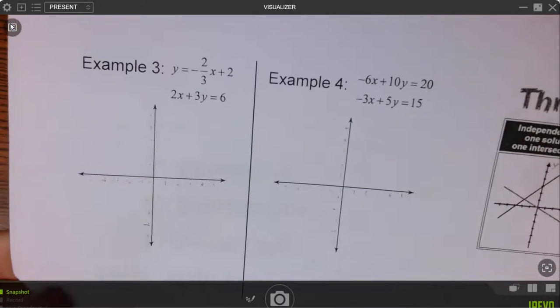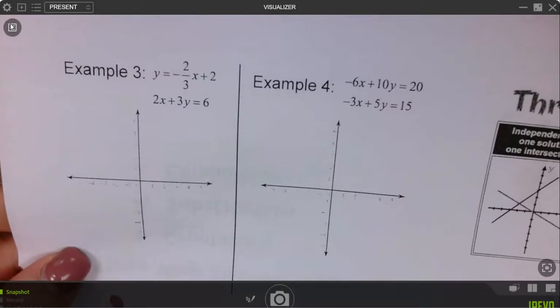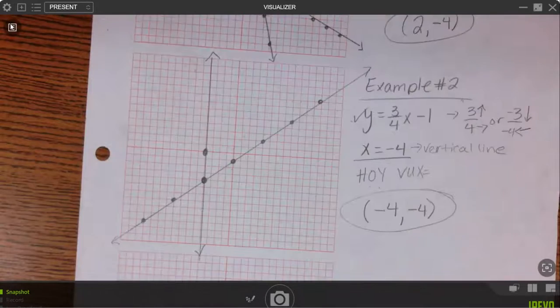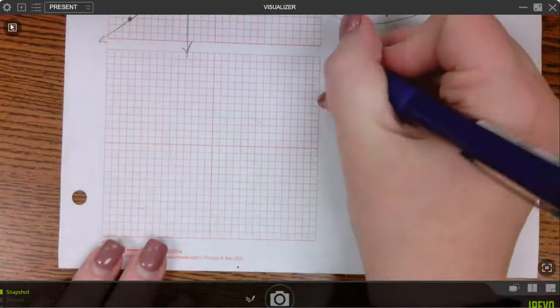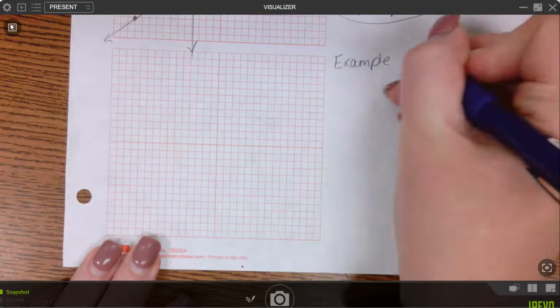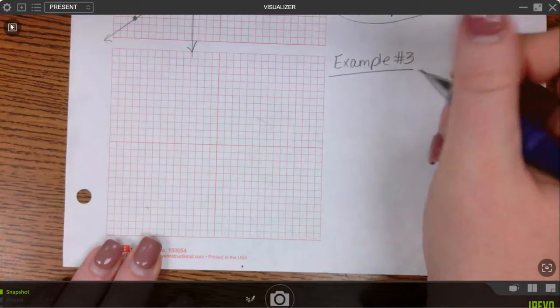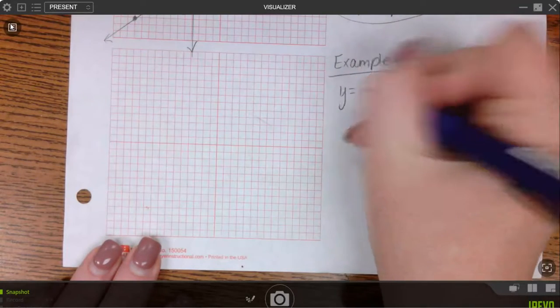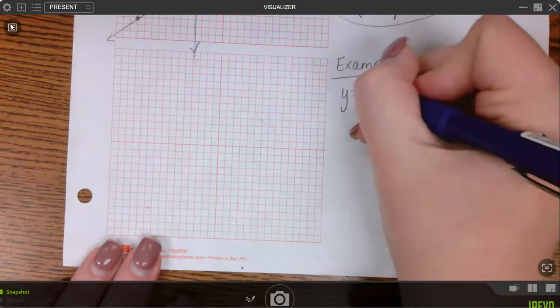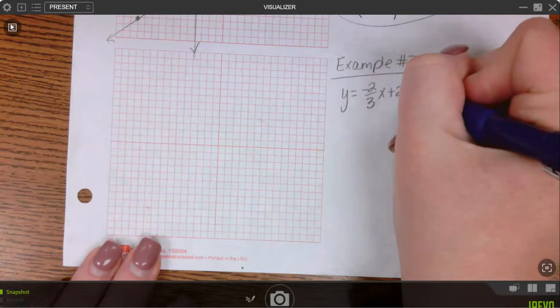Example 3 is here. So it looks like in example 3, we're going to have to rearrange the second equation. Our first equation says y equals negative 2/3 x plus 2.